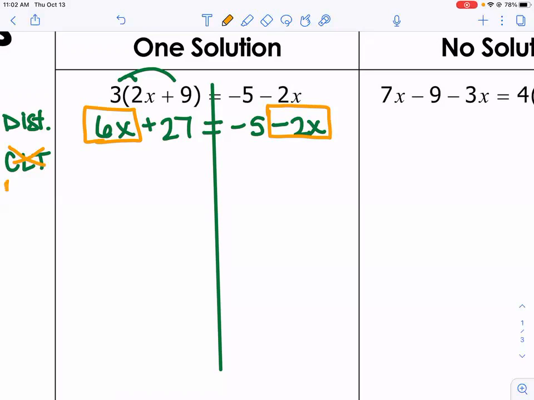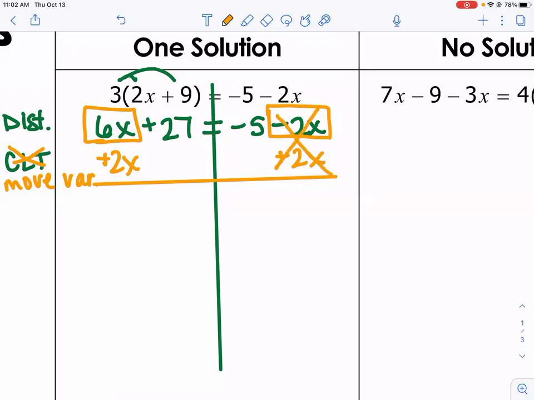So now we need to move our variable. Okay. Brady, how would you like to do that? Okay, let's go ahead and take the minus 2x and do the inverse operation to move it over. Okay, so by adding 2x, minus 2x plus 2x are going to cancel out.